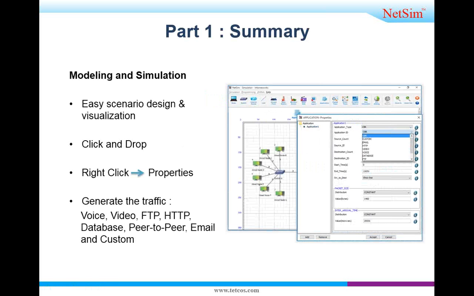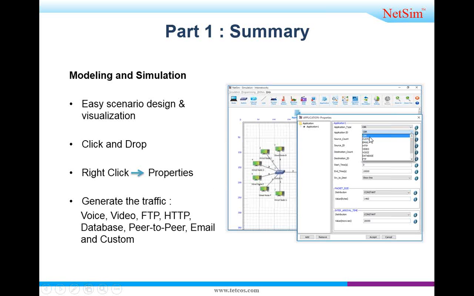Here in summary part, we have told you that modeling and simulation is there. Here, easy scenario design and visualization is there, where nodes are given. Here you can see in this screenshot, some nodes are given here, which can be dragged and dropped here to design your network. Right click on the properties and you can set some parameters related to those nodes and generate this kind of traffic in application tab.